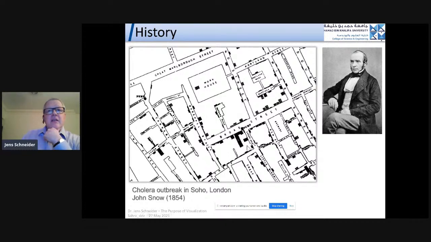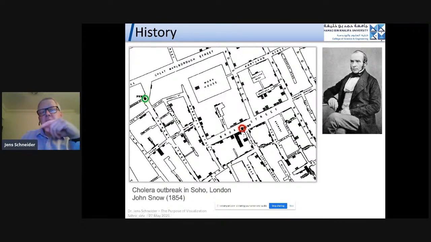He essentially took a map of London, and then he used bars to indicate how many cholera cases he had. And then he saw something interesting. He saw these pumps here, and near this pump, there were many more cases than over here. So the people that contracted the cholera were taking their water from this pump.